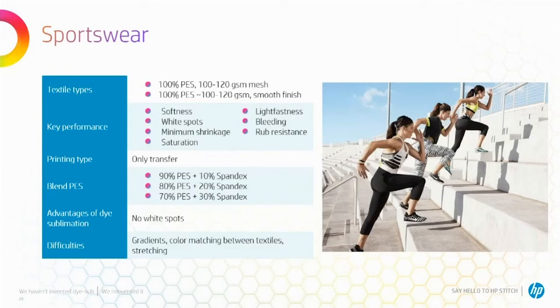So what are some other types of blend polyesters? 90, 80, 70. Again, I wouldn't go under 70 on this. And then some of the difficulties with this are color matching between different textiles, especially ones that have different types of brighteners. The stretching can also be a problem. Like I talked about greening earlier, that can happen here a lot. And then gradients.